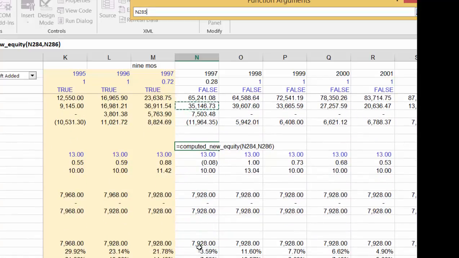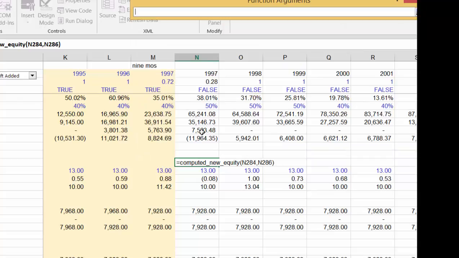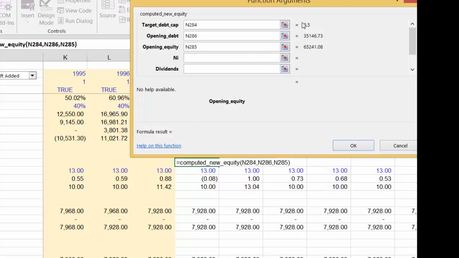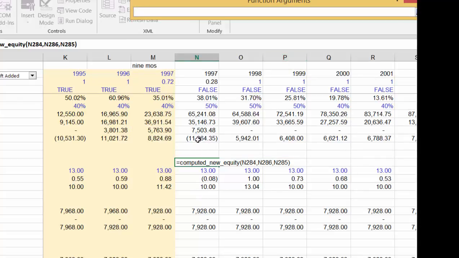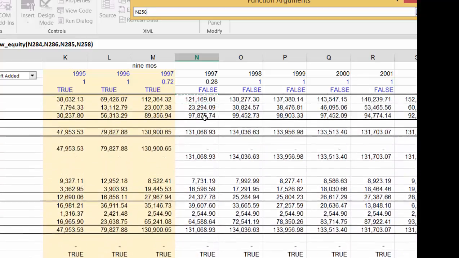Come on, down here. It's right here. And then we have the opening equity. And I put the opening equity here. So it says what you do right here. And then the net income, I didn't put that here, so we'll go up and get that from the income statement.